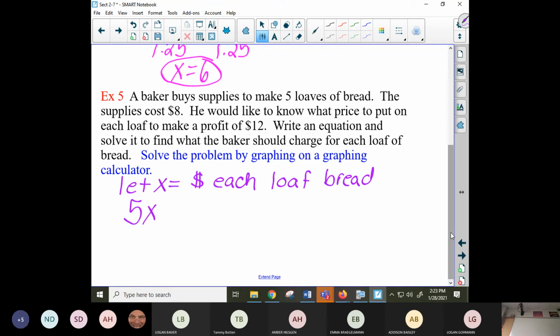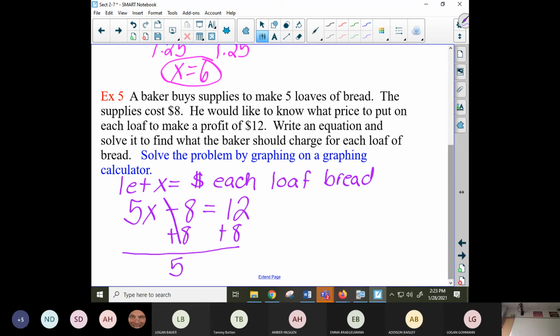But we have to subtract what it cost him to make the bread. What did it cost him to buy supplies? $8. And once he makes his money and spends for the supplies, subtracts that, he wants to make a profit of $12. Okay, so then you just go ahead. This again is an easy one to do with algebra.